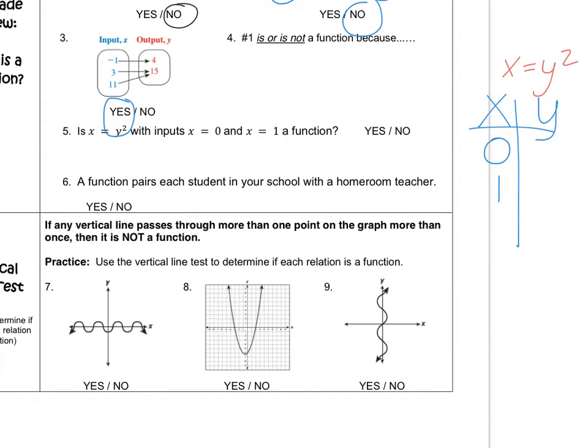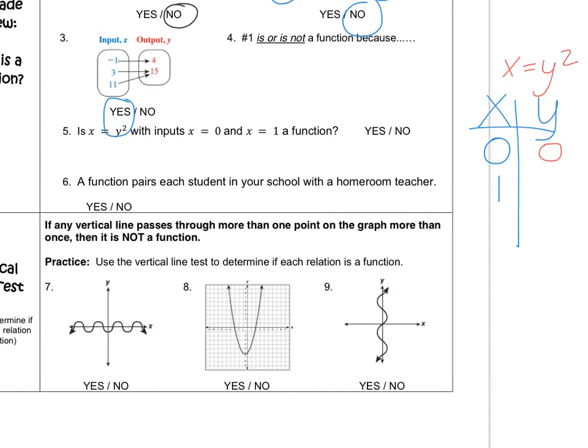Okay, so now we're just going to put it in and see. x equals y squared. So we've got 0 in for x. 0 equals y squared. To find out what our y is, since we've got y squared, we're going to have to take the square root of each one of our x's. So if I take the square root of 0, my answer is 0.